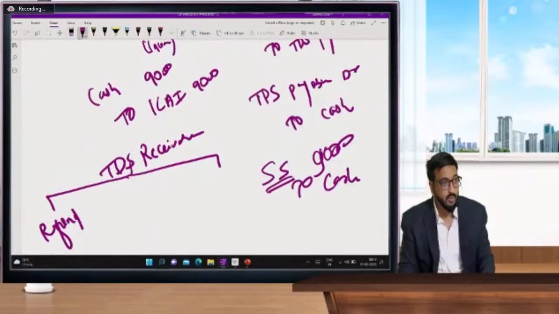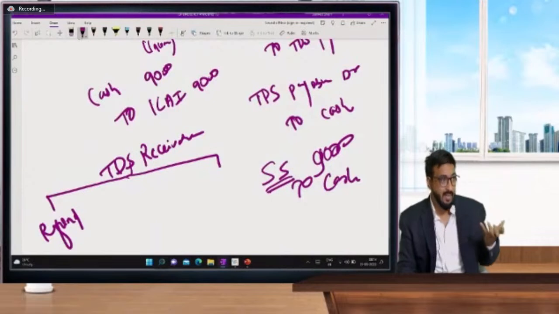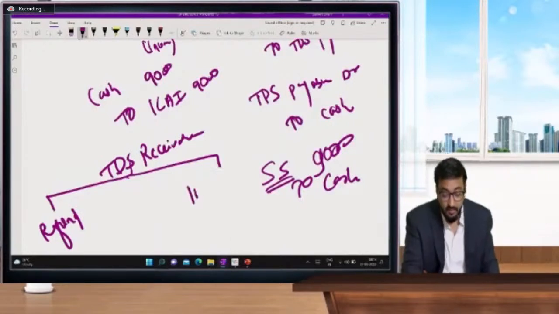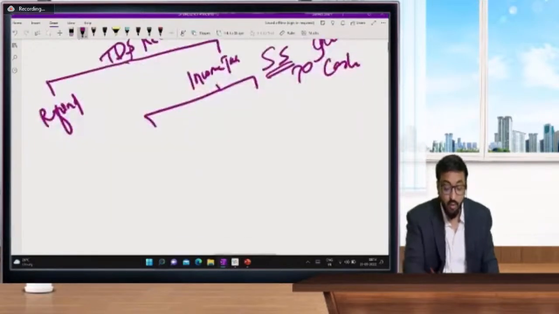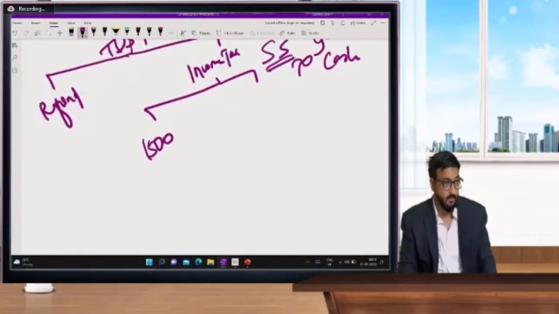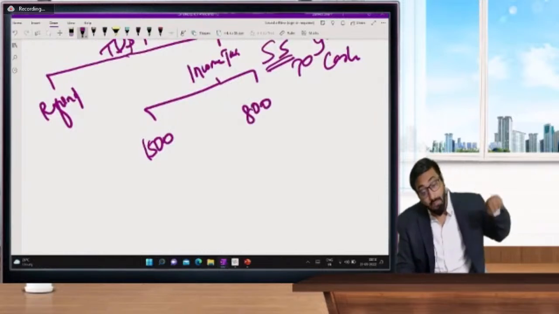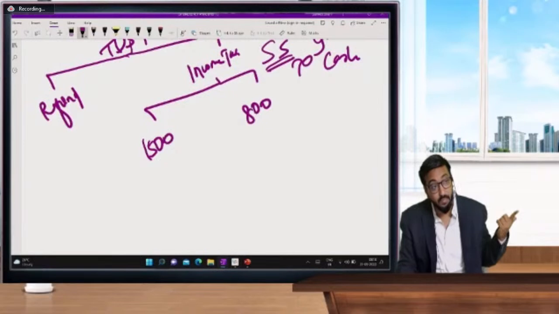and suppose my income tax, assume 1,500 during the year. How much income tax? Yes, case 1, it is 1,500. And case 2, it is 800. How much I already paid through ICI? 1,000.